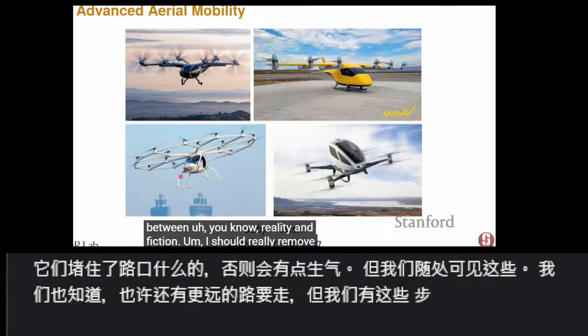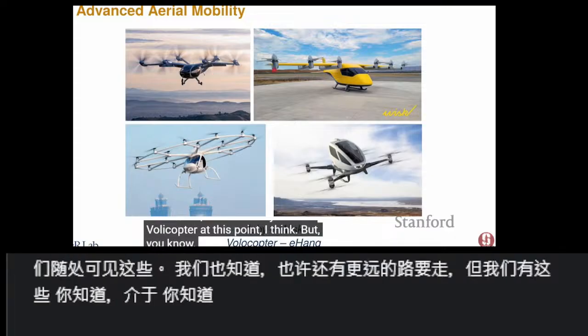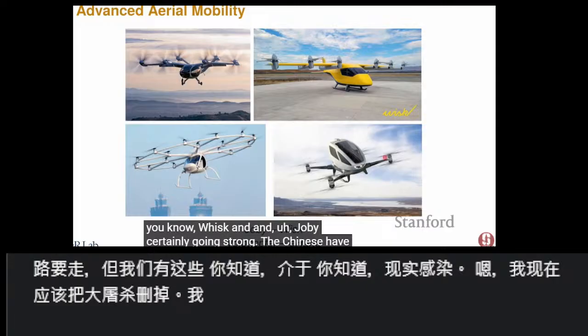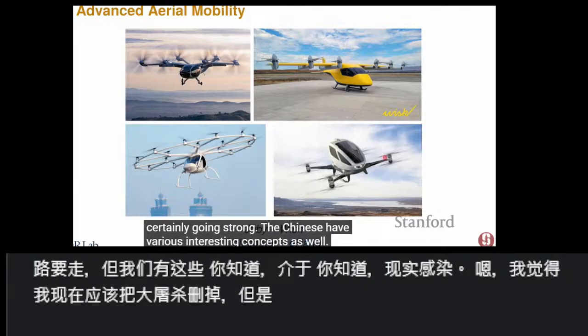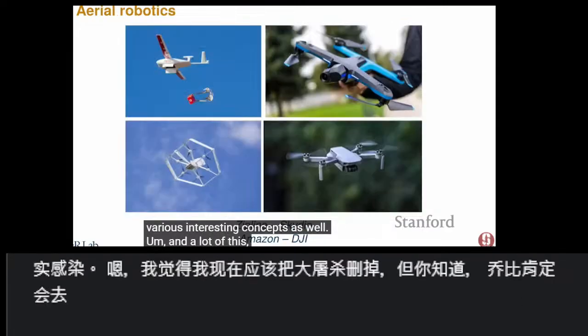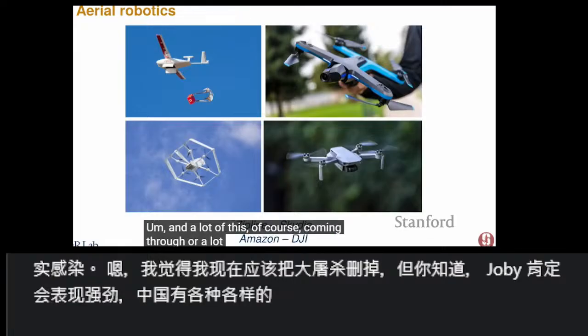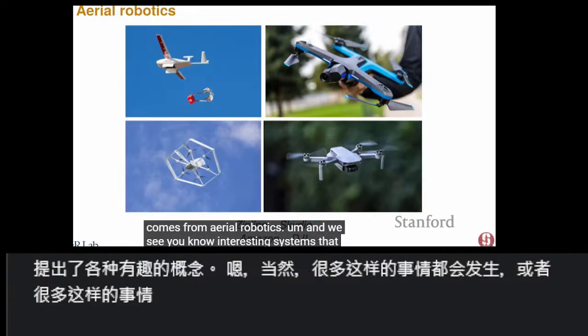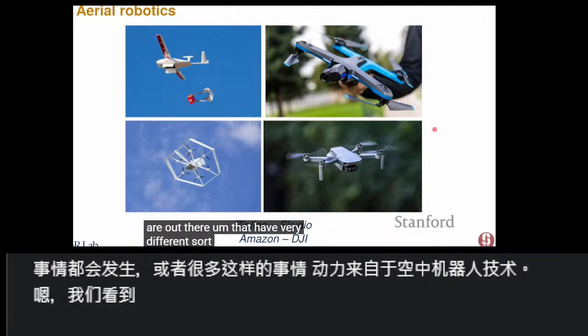I should really remove Volocopter at this point, I think. But Wisk and Joby are certainly going strong. The Chinese have various interesting concepts as well. And a lot of the impetus comes from aerial robotics. And we see interesting systems out there that have very different characteristics.